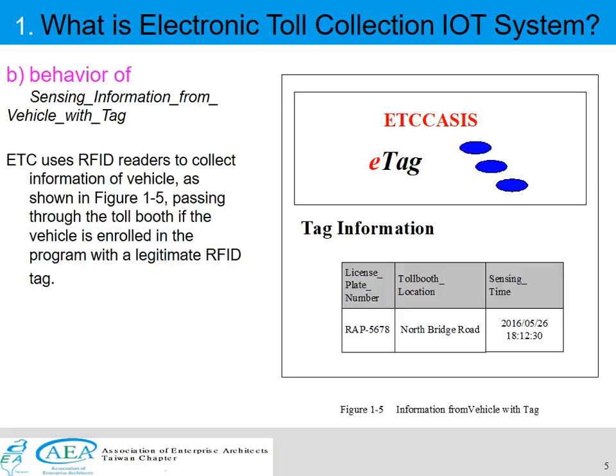The second behavior, sensing information from vehicle with tag. If the vehicle has the ETC tag, then it will use this behavior to collect the information of the vehicle.